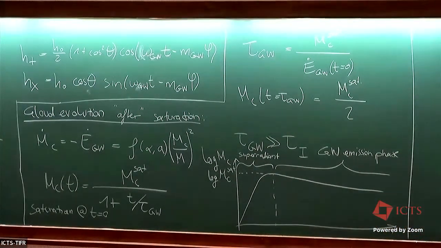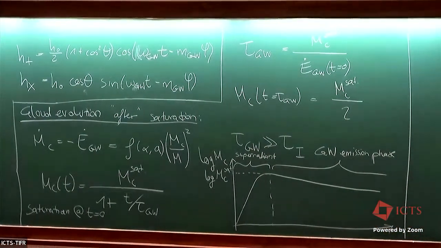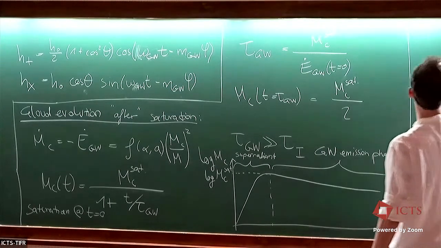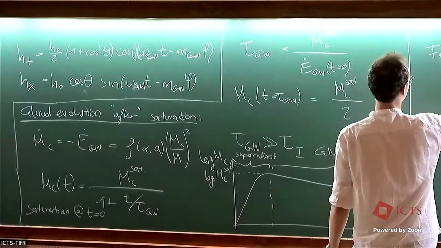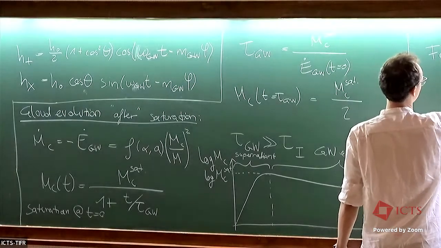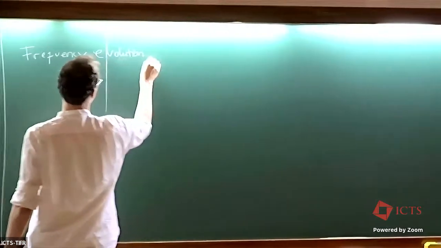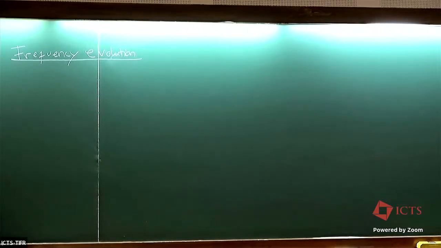And then the last thing I wanted to mention, and this will be important for actually searching for the gravitational waves that are being emitted by these superradiance clouds, and that is the frequency evolution. So we found that the gravitational wave frequency is basically just 2 times the cloud's frequency.